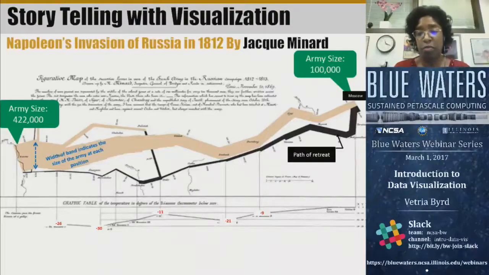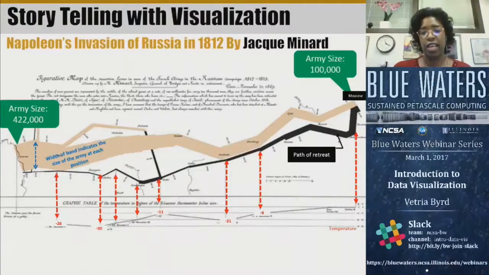I'm paraphrasing in the interest of moving forward, but there was a retreat. They decided to go back along the path that they started. In this case, the dark line indicates the path of retreat, and still the thickness of that line indicates the size of the army at that time.